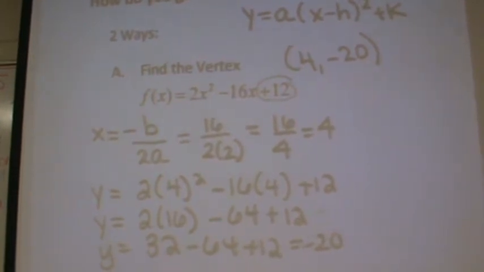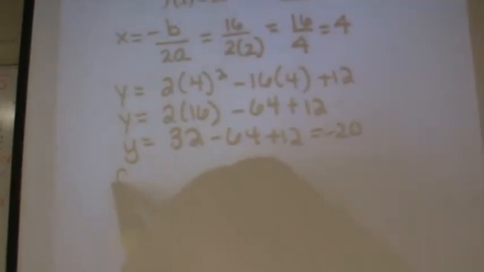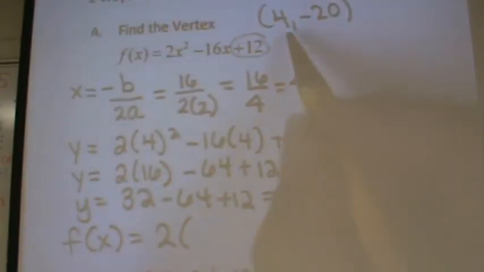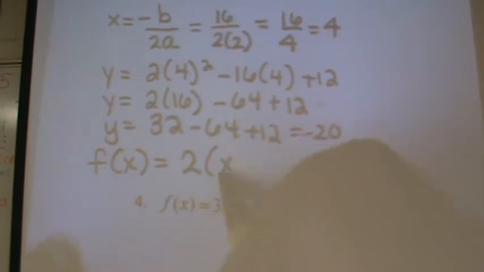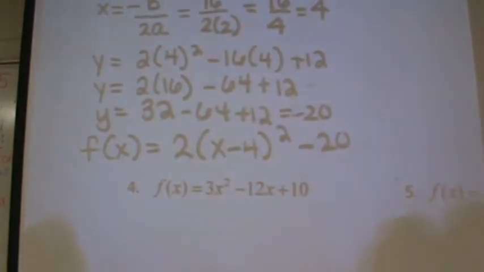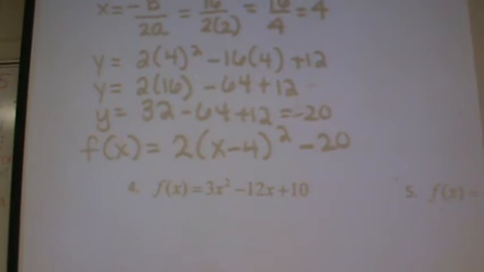So I need the a value, first of all. What is the a value in this problem? 2. So you're going to write f of x equals 2, parenthesis, here's your axis of symmetry, x minus 4 squared, and then minus 20. So we just went from polynomial form to vertex form.